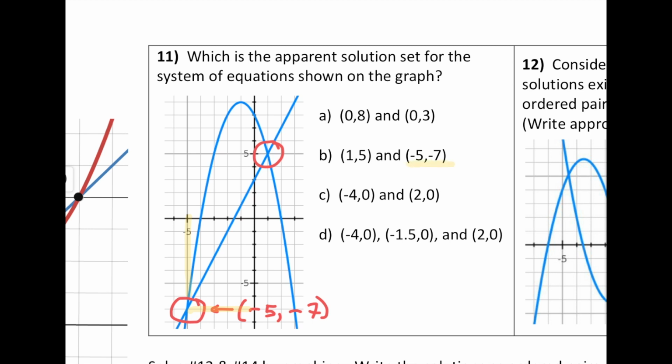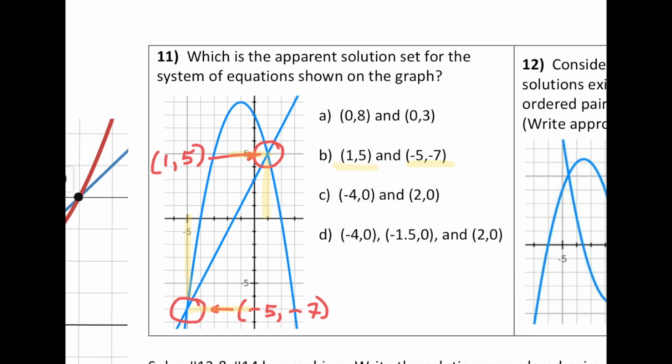So let's just make sure that the other point matches. So the other point up here, my x value looks like it's 1, and my y value looks like it's 5. X value looks like 1, y value looks like 5, and that's this.